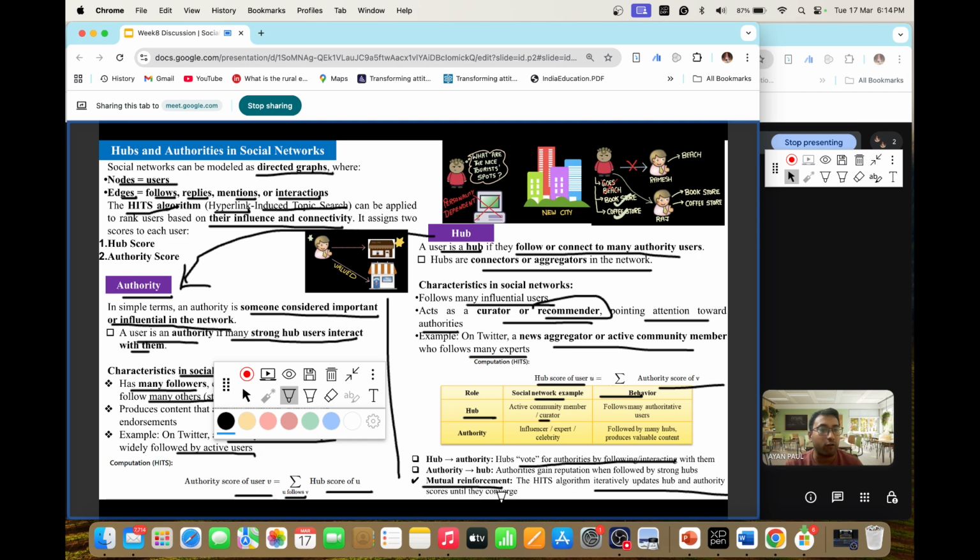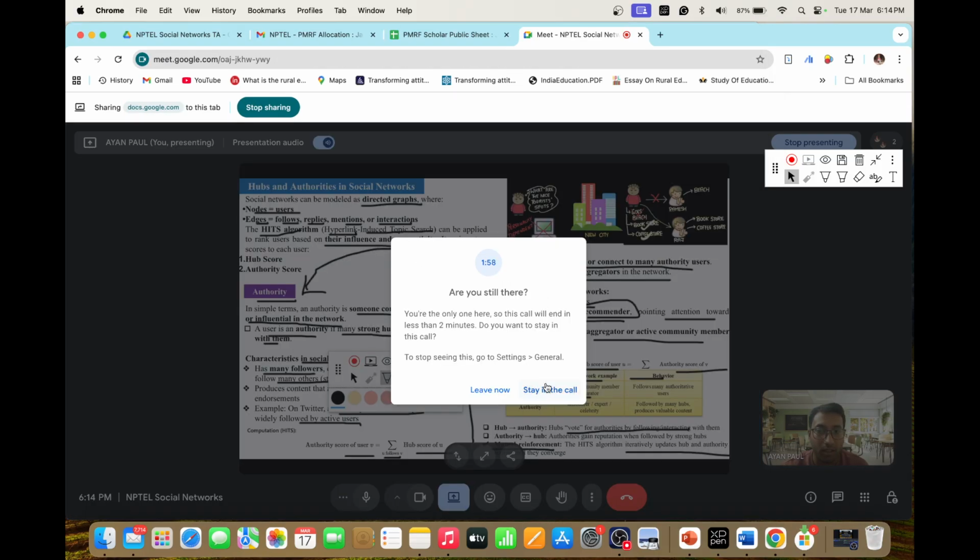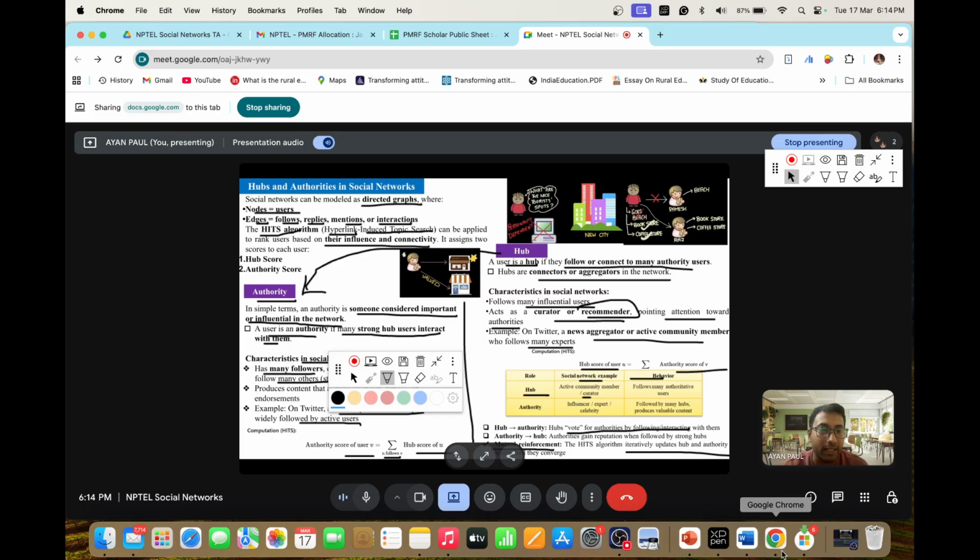So two things we have covered in this first slide of the presentation: what is a hub and what is an authority. First, an authority is someone considered important or influential in a network.